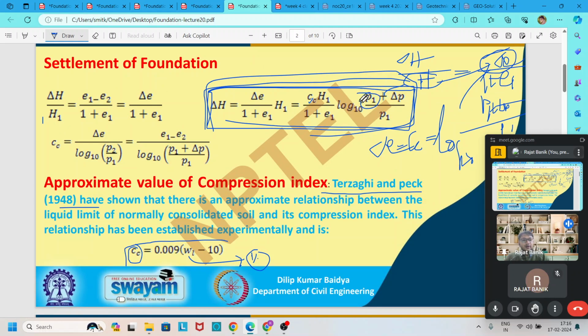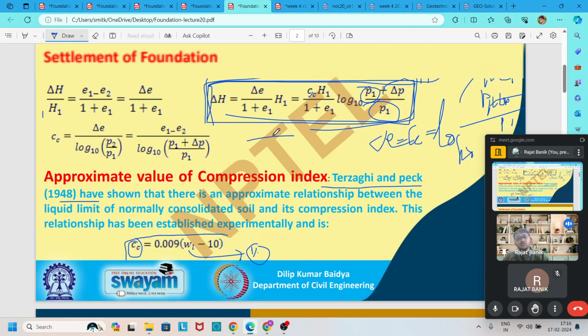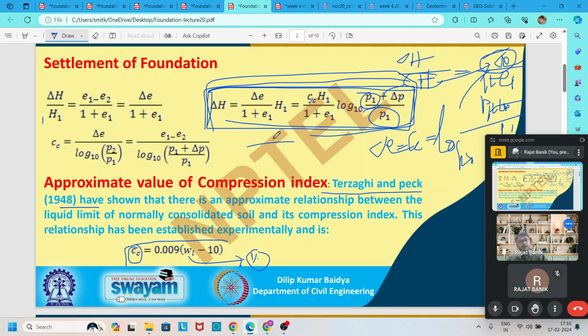But the P is the overburden pressure, or we can say effective pressure on the ground, at a depth where we find out our settlement. Right? At a point where we find out the settlement, the pressure from the ground surface is the normal pressure, or sometimes we call it effective pressure. But the del P, which comes in this picture, is nothing but the extra pressure created due to the construction of the foundation.